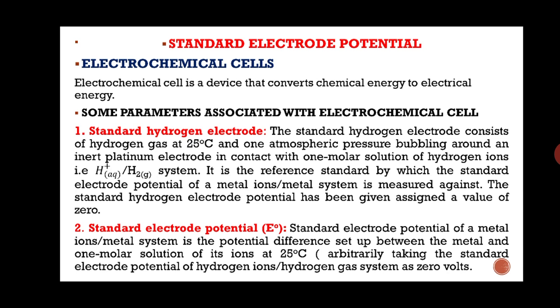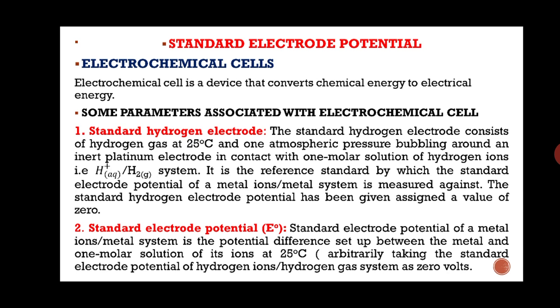We have the standard hydrogen electrode. I told you that is the electrode that consists of hydrogen gas at 25 degrees centigrade and 1 atmospheric pressure, bubbling around a platinum electrode in contact with 1 mole. And the standard electrode potential, that is E naught, of a metal or ions, is the potential difference set up between a metal and a 1 molar solution of its ion at 25 degrees centigrade, arbitrarily taking the standard electrode potential of hydrogen ions or hydrogen gas to be 0 volts.